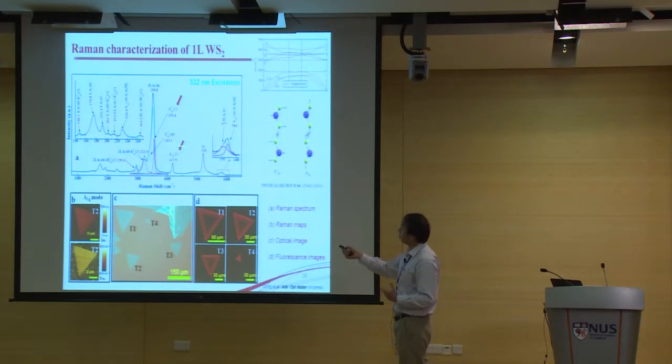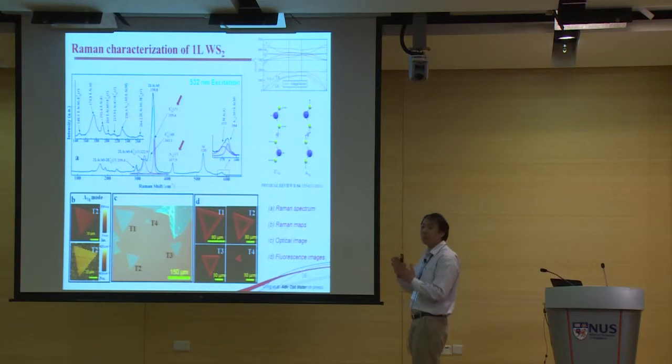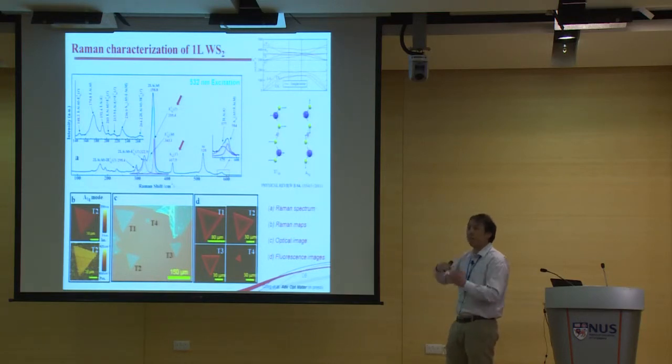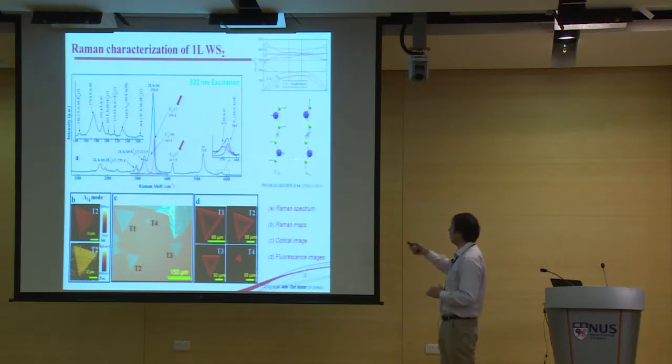And of course, the most interesting two are the E2G and the A1G here. They are good indicators of the number of layers or the thickness. Of course, here it is a single layer. If you look at the cartoon of these two vibration modes, one is in-plane vibration, the other is out-of-plane vibration.